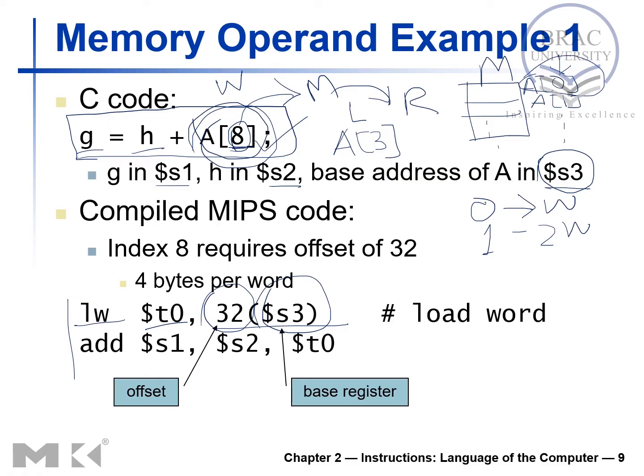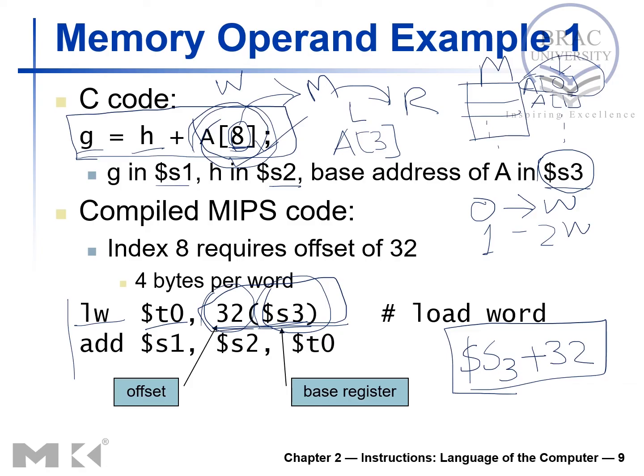And then we have this part, which is S3. S3 is our base address of array A. Now, if we add whatever content we have in S3 plus 32, then we can easily find the address of A8. This is the operation taking place here.